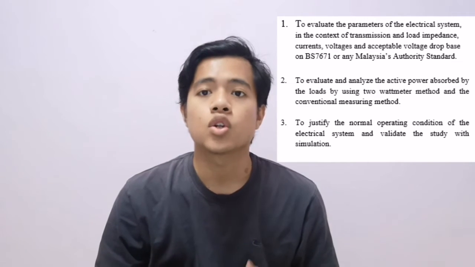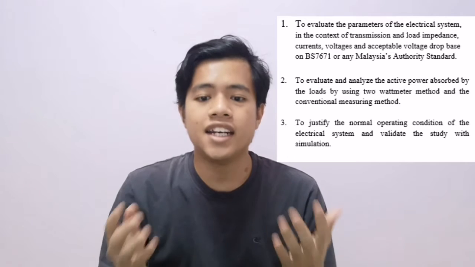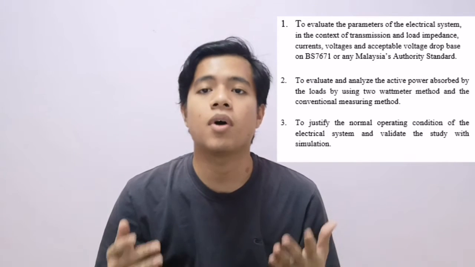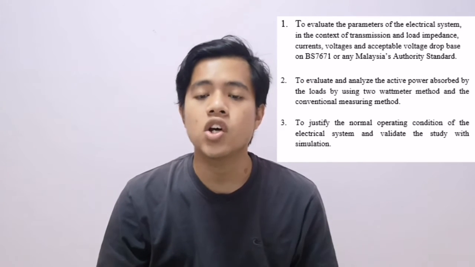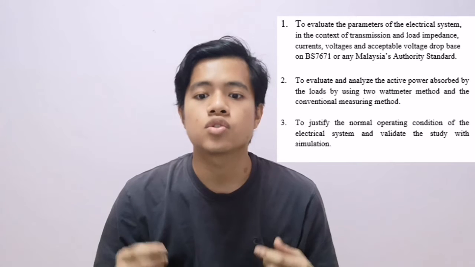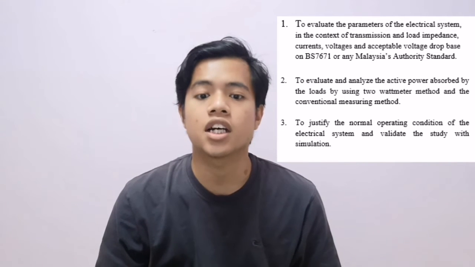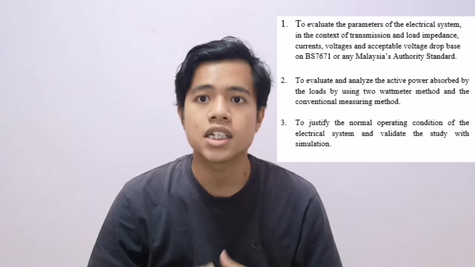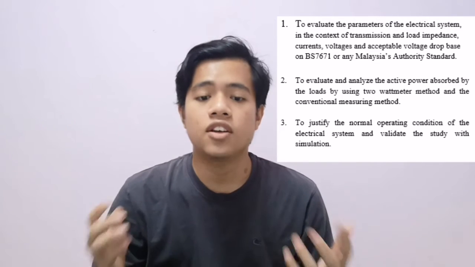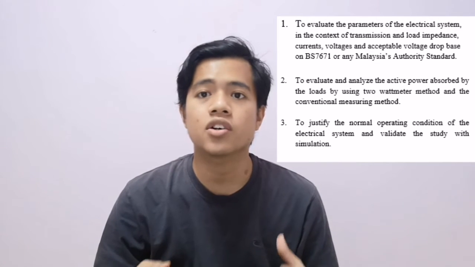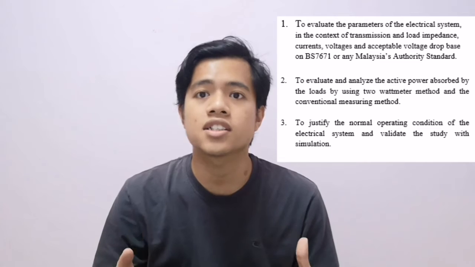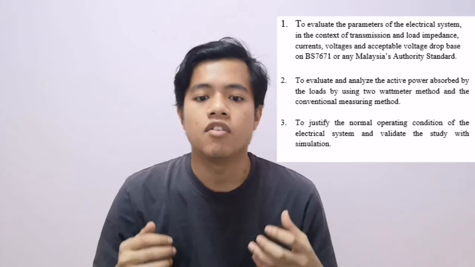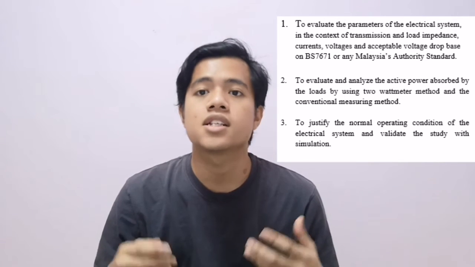Second, to evaluate and analyze the active power absorbed by the loads by using the two wattmeter method and the conventional measuring method. Third, to justify the normal operating condition of the electrical system and validate the study with simulation.